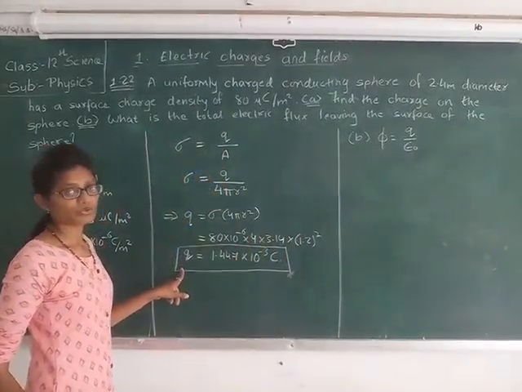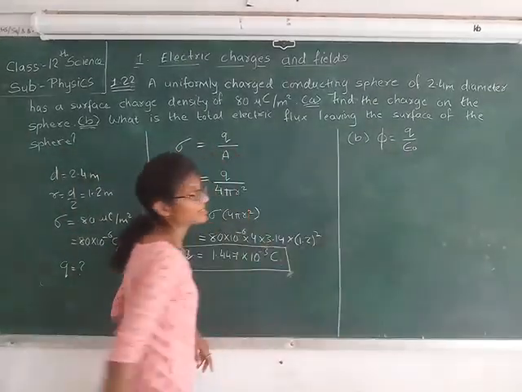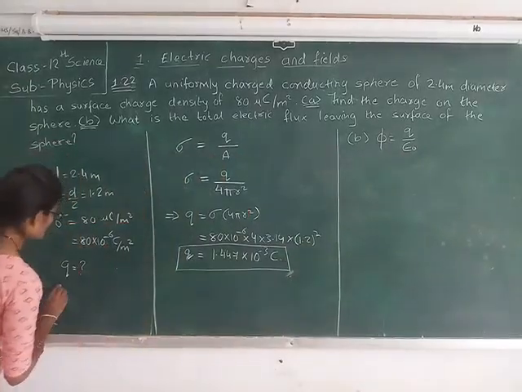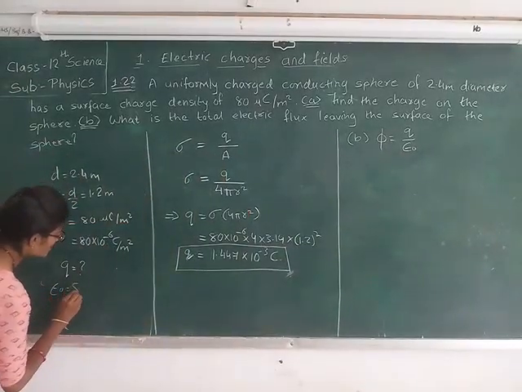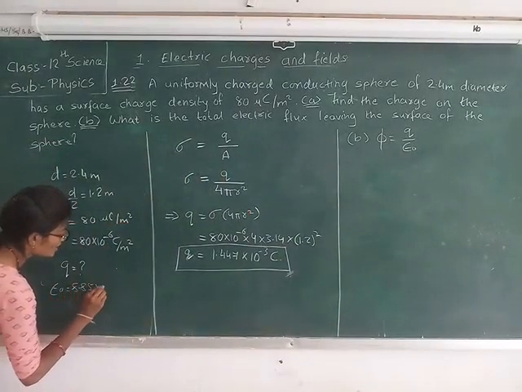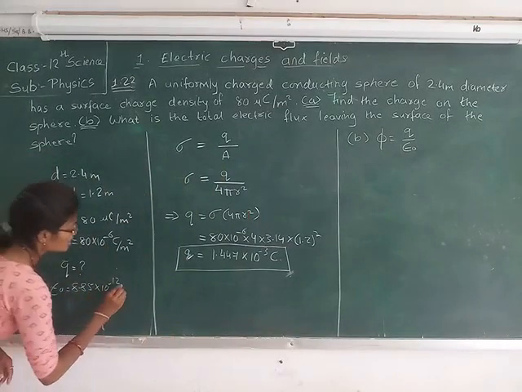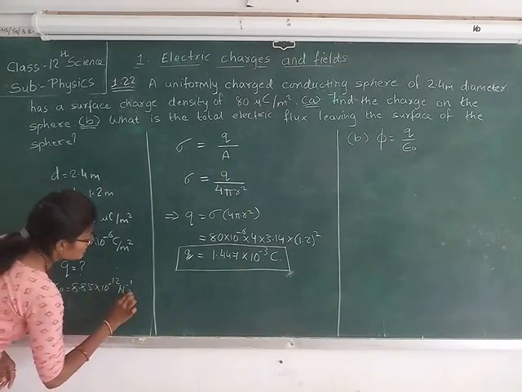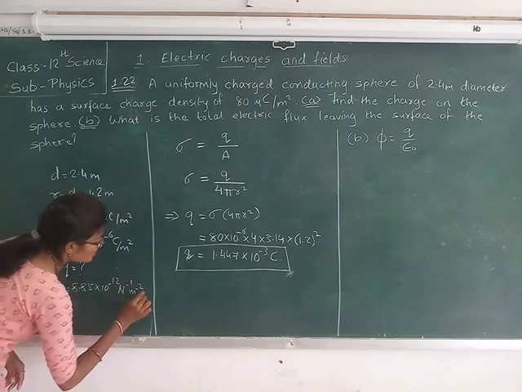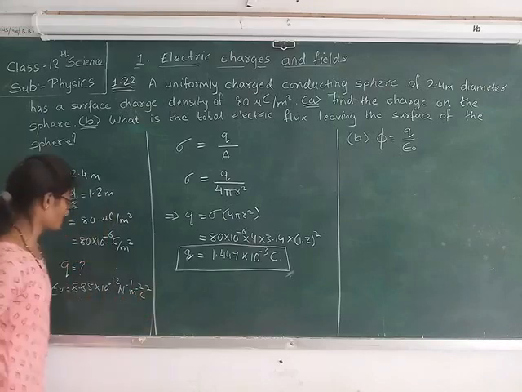We got the charge now. Epsilon 0 is the permittivity of free space. Let us write down epsilon 0, that is 8.85 into 10 raised to minus 12 N inverse m raised to minus 2 coulomb square.